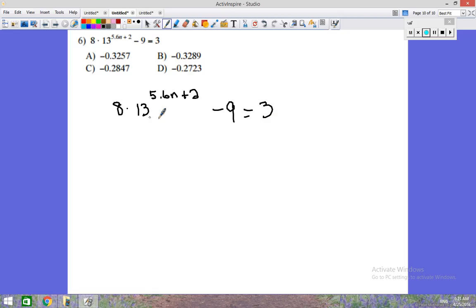Our first goal is to get this factor that has our variable of interest, n, by itself. So first we need to get the factor that contains that variable by itself. The inverse operation of subtraction is addition, so we'll add 9 to both sides.